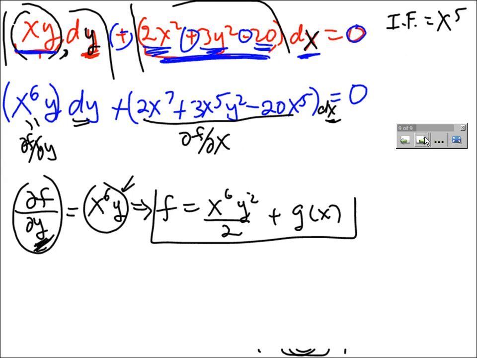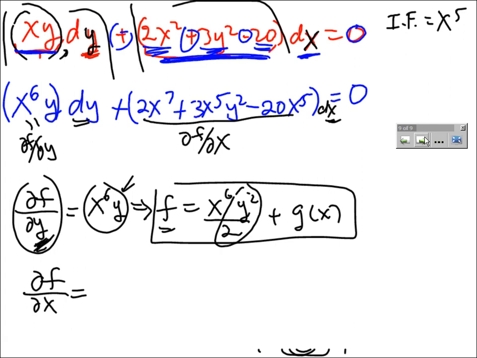Now I take the partial of both sides with respect to x. The partial of f with respect to x, well, that's partial f, partial x. The partial of the right side with respect to x, that's the constant times the derivative of the function of x, which is 6x to the 5th, plus g prime of x.